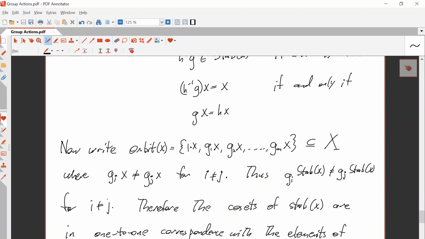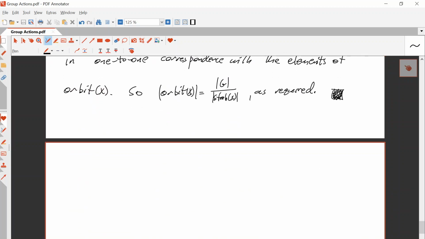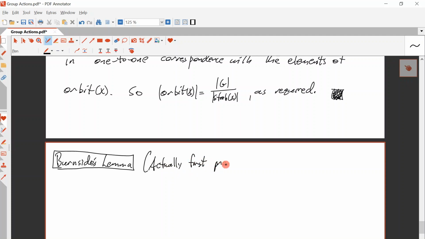Okay. Now the big theorem in this section is Burnside's lemma. It's usually called Burnside's lemma, sometimes it's called other things, but it's actually a theorem due to Frobenius in 1887.